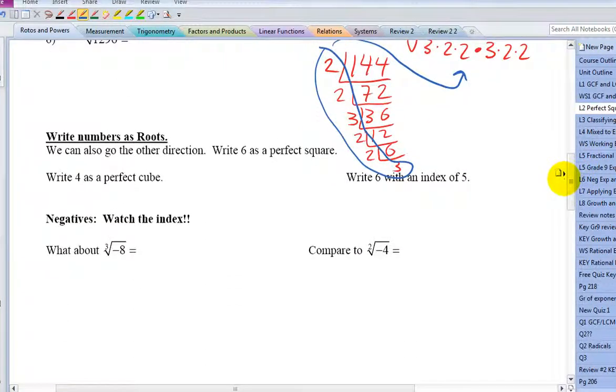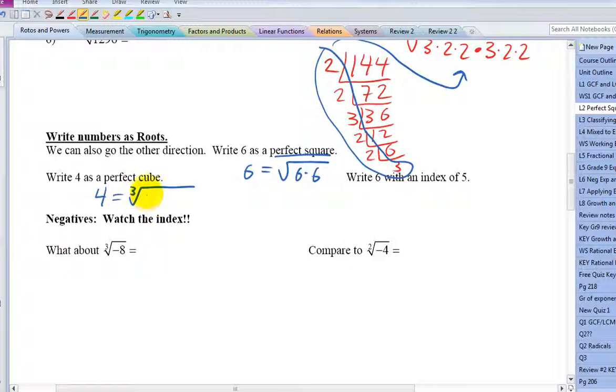So we can also go the other direction. Write 6 as a perfect square. So 6 equals what? 6 times 6. Right? Write 4 as a perfect cube. What goes on the inside?